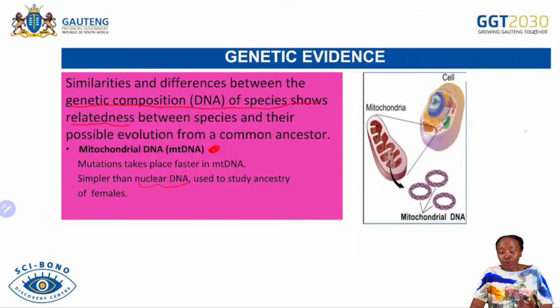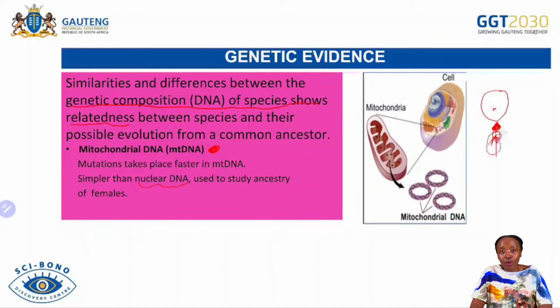If you go back to reproduction in term 2, or towards the end of term 1, you were told that when the ovum is fertilized by the sperm cell, only the head of the sperm cell goes into the ovum, but the mitochondria of the sperm cell do not go in there. It remains outside and it gets destroyed.